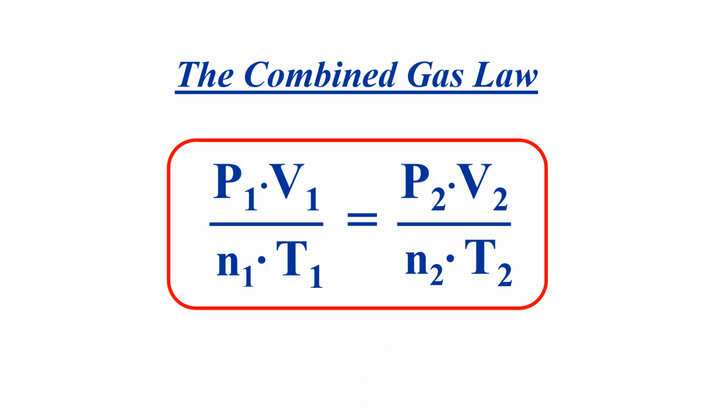So let's look at how we use the ideal gas law. Let's look at an example of how we use the ideal gas law to determine the molecular weight of unknown compounds. Let's first look at what we will be doing in this experiment. You will have a setup with a flask.